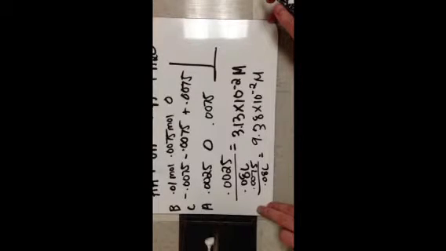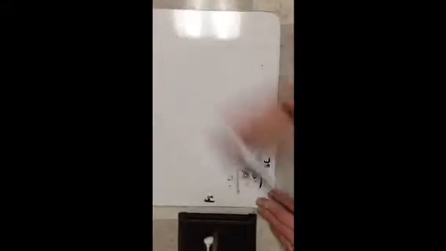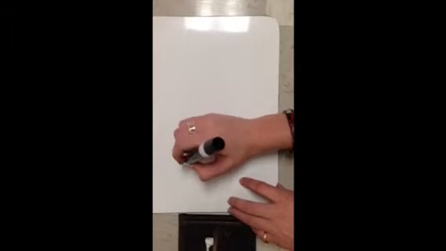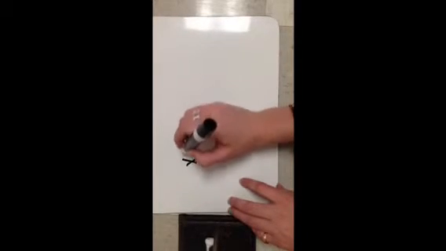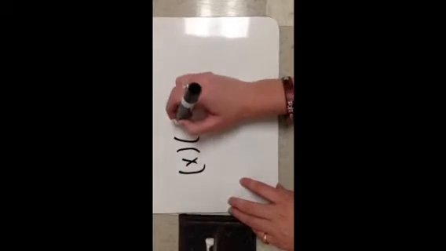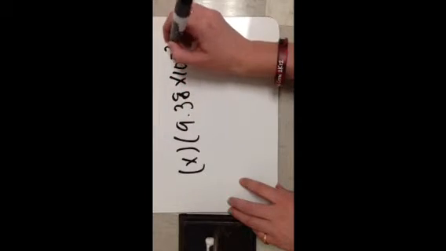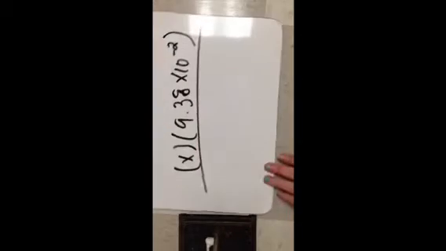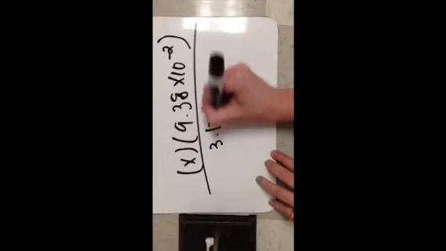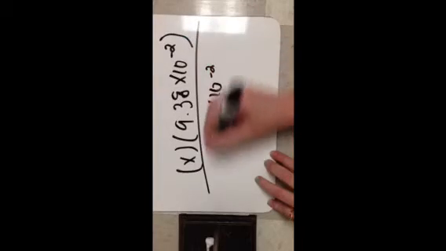Assuming that X is much smaller than 9.38 times 10 to the negative second molar and 3.13 times 10 to the negative second molar, we're going to redo our Ka expression. So now it's going to be X times 9.38 times 10 to the negative 2 molar over 3.13 times 10 to the negative 2 molar.